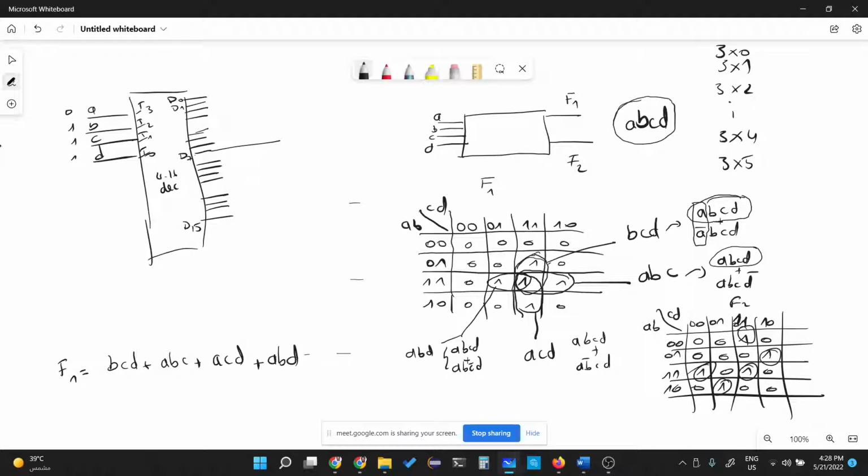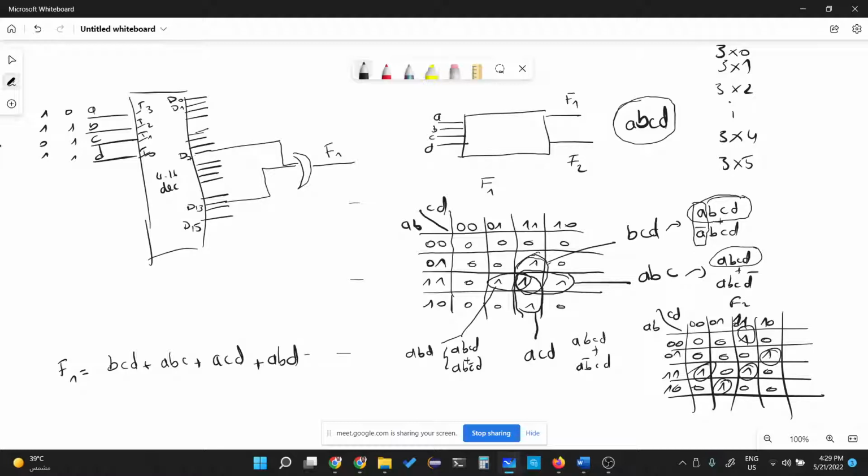Here we have A, B, C bar, D. So if we have A, B, C bar, D, 1, 1, 0, 1, which is 8 plus 4, 12, 13. So we take D13. 8, 9, 10, 11. This is D13.